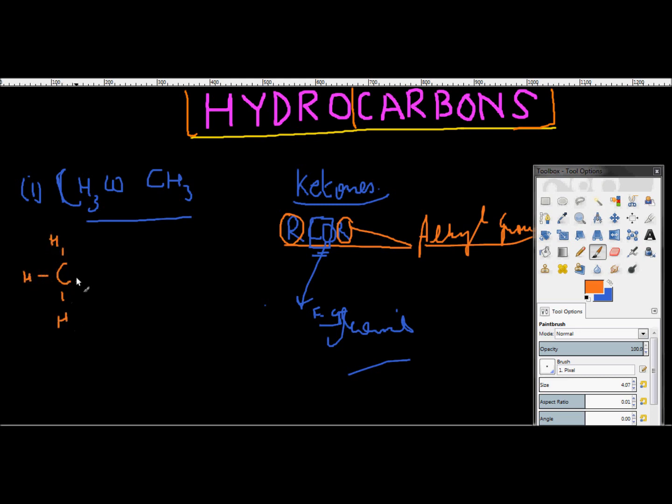Now I want another CO. In case you're doing this for the first time, the O will be attached this way. Just remember this, this is something you have to learn. Although you can understand that it uses two bonded pairs, so it'll only use two others right here, and you won't put an H right here because C has tetravalency, which means it has four electrons in its outermost shell, so it needs another 4 to complete its octet. So CH3, that's what you have then. That's known as propanone.